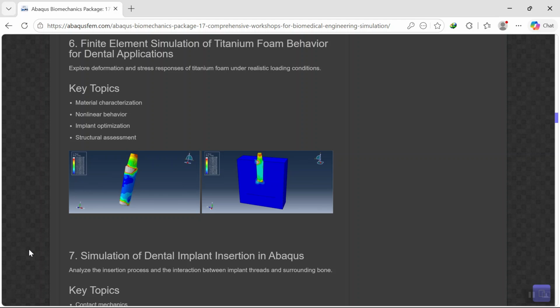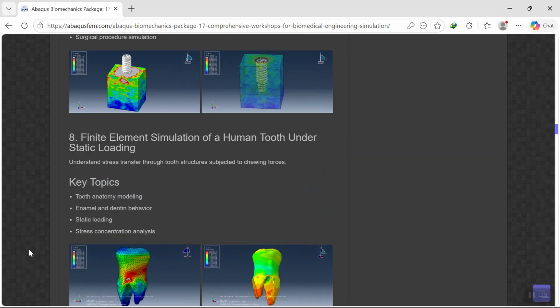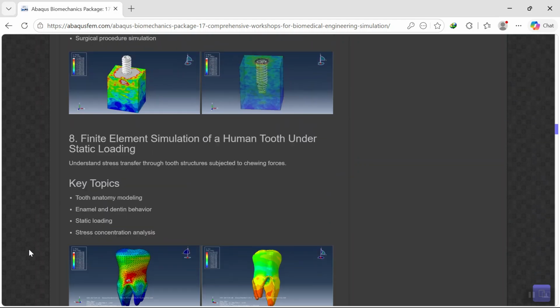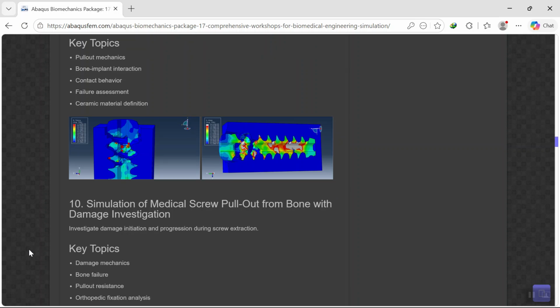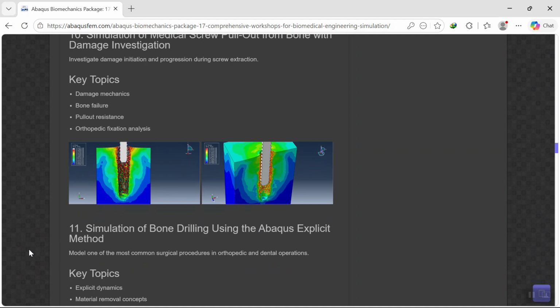The package then moves into orthopedic biomechanics and bone mechanics. You'll learn how to simulate pull-out behavior of a medical screw, as you can see here, and ceramic nail from bone tissue, investigate the damage mechanisms during implant extraction, and analyze fixation performance.